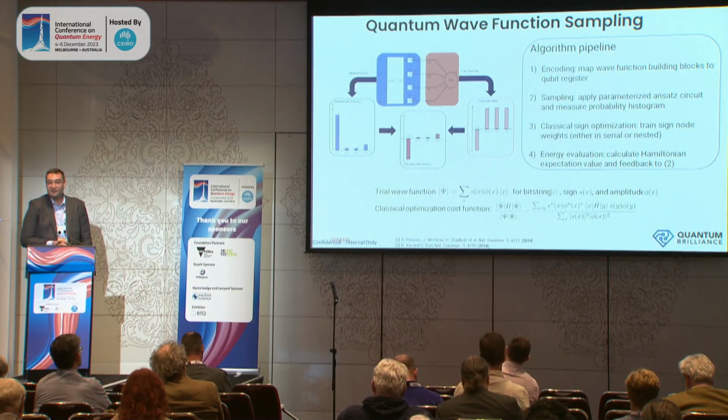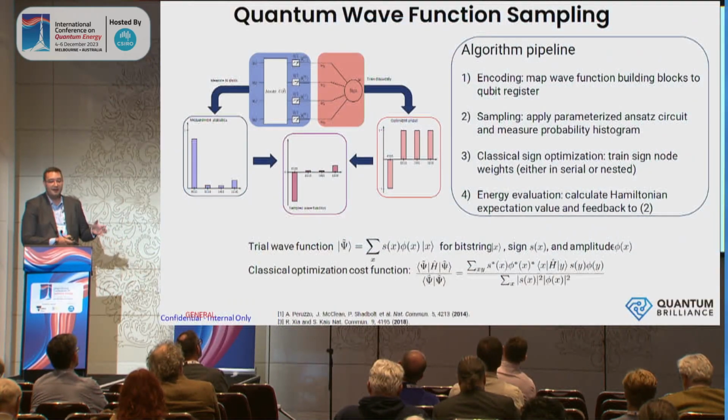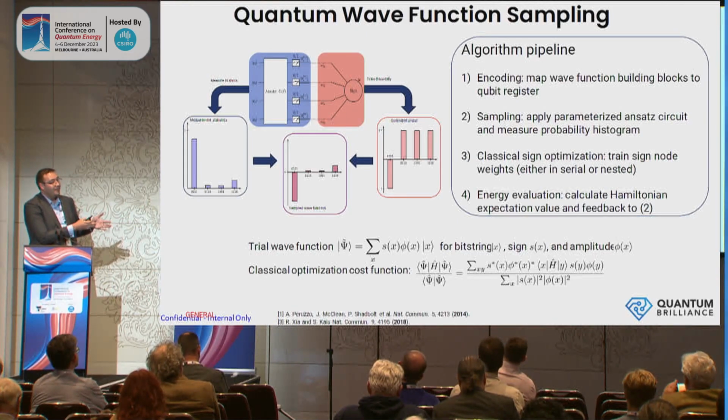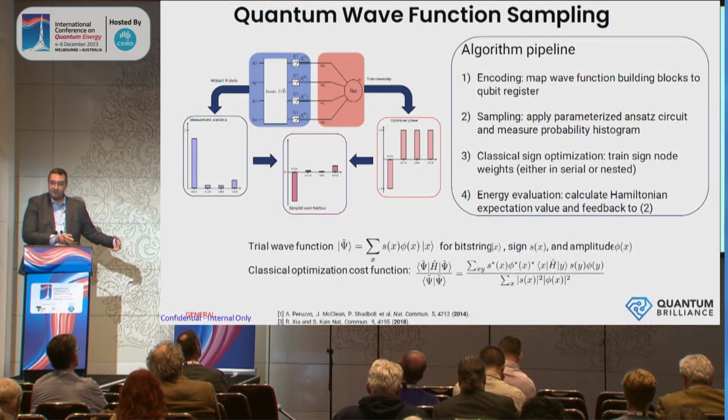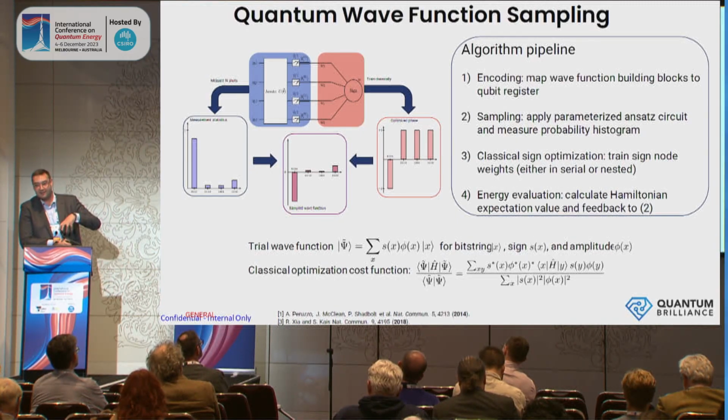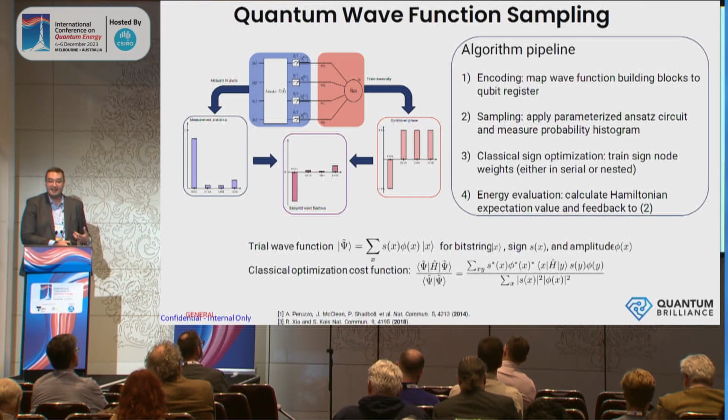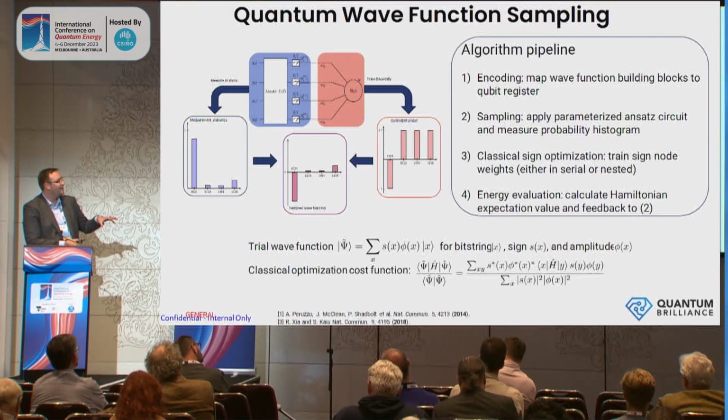And one cool thing to note is this can either be done in serial, meaning that you do one iteration where you optimize both the circuit parameters and the classical sign parameters at the same time. Or you can have it in a nested fashion where you do one iteration of the circuit, right?